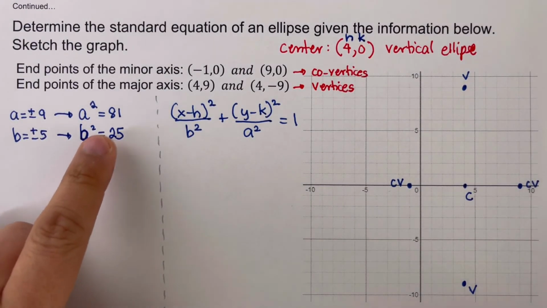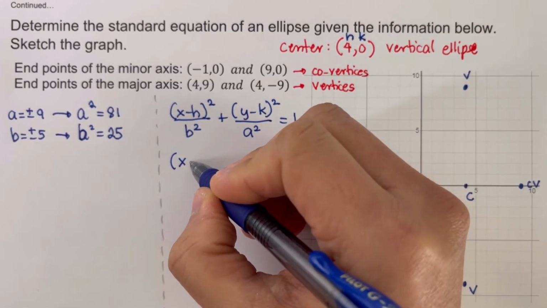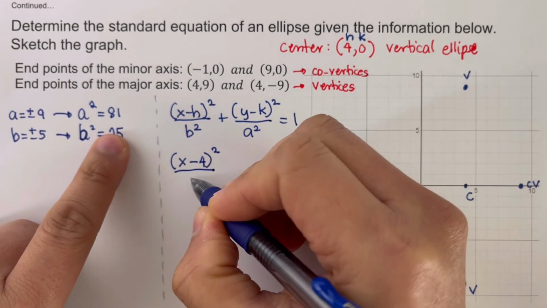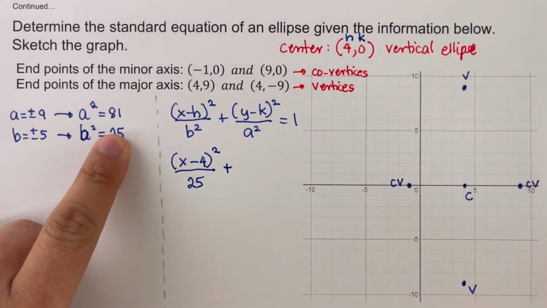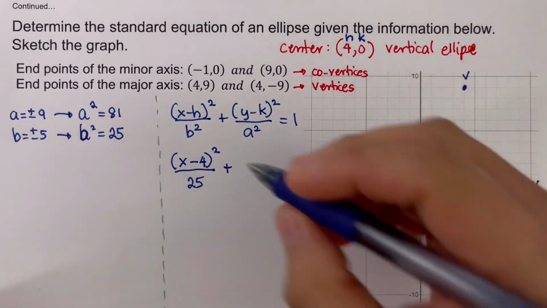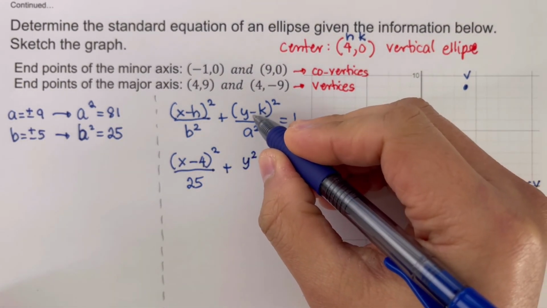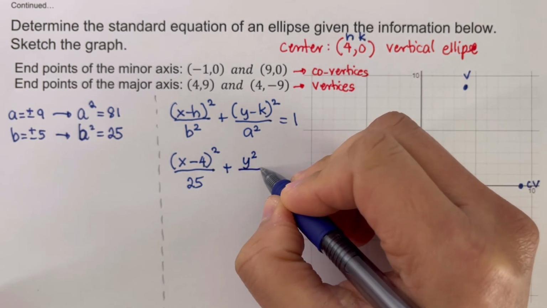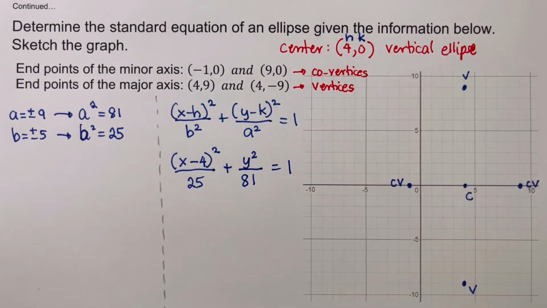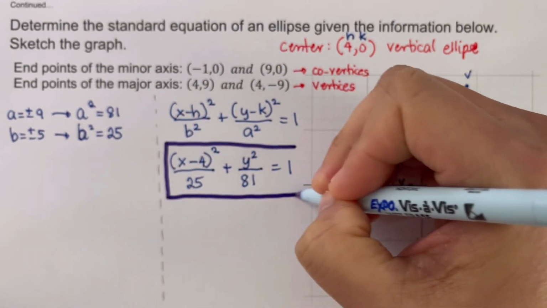So our equation will come out as x minus 4 squared over b squared, which is 25, plus, since k is 0, y minus 0, which doesn't really matter, so we can just write y, because subtracting 0 from y doesn't change it. So y squared over a squared, which is 81, is equal to 1. This is the equation for the word problem that we have up there.